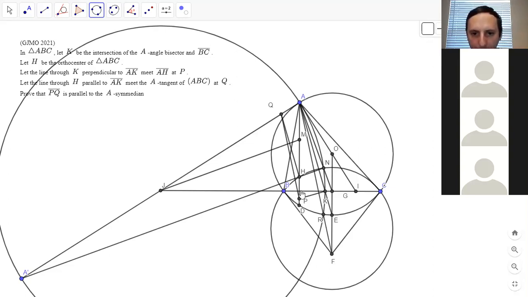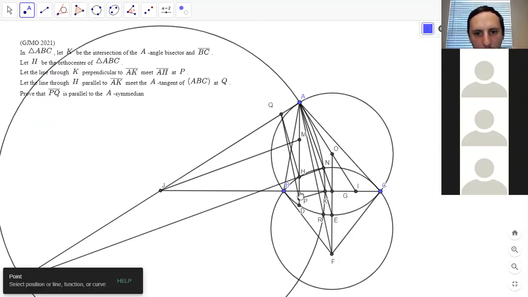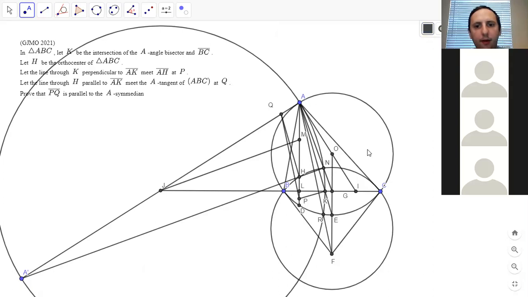We know, let's see, what if I label this point again? So we know AL times AP is AK squared. Can we say anything about AQ?